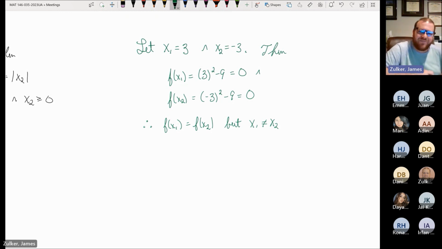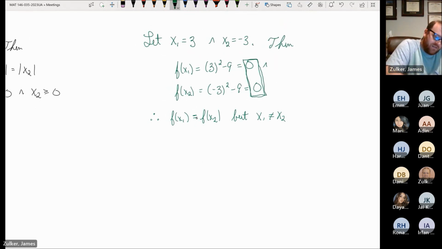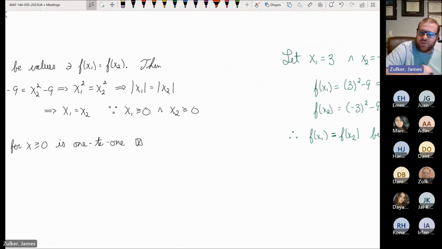You want to find two different values that evaluate out to the same thing when you plug it into f. But this work over here would give you an idea of how to do that, right?